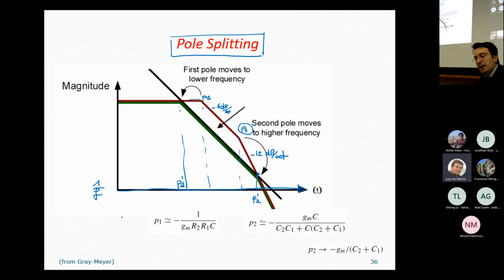So first of all, the phase margin is equal to the phase of the loop gain when the loop gain itself is equal to 1 in amplitude, plus 180 degrees.